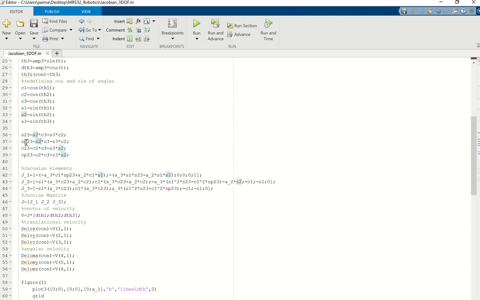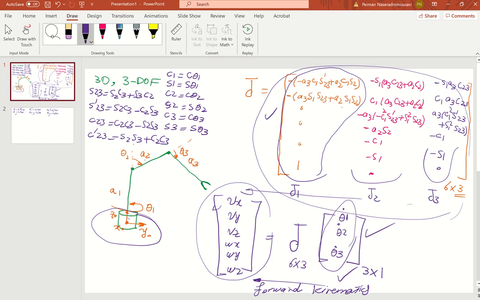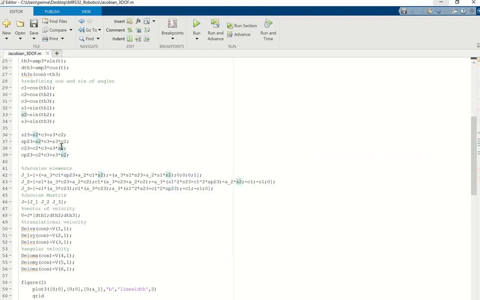For example, S prime 23 is sine 2 cosine 3 minus sine 3 cosine 2. Look at here: S prime is sine 2 cosine 3 minus cosine 2 sine 3. Here we go. And cosine prime is going to be as we did.